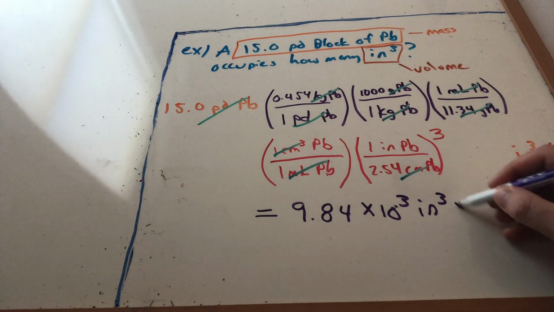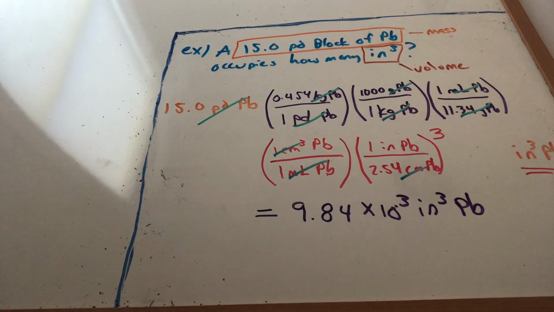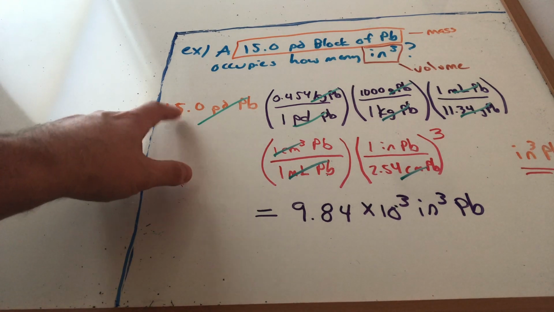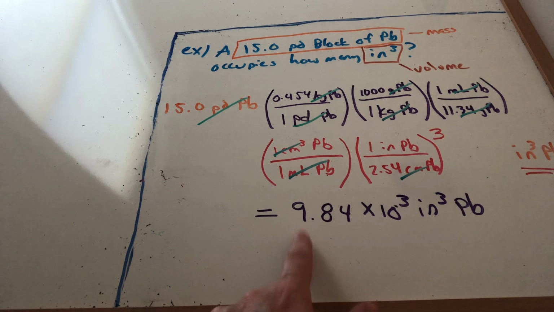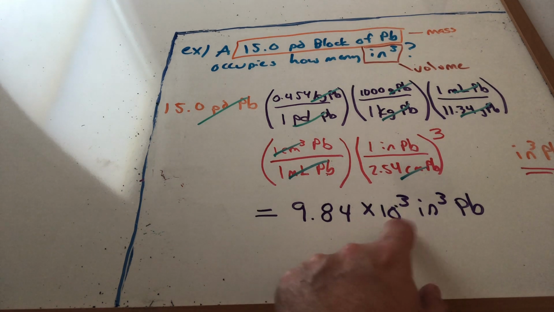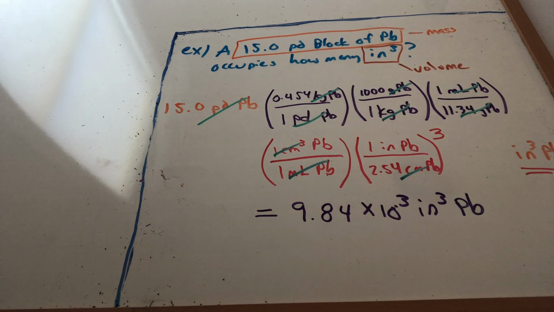But now what we've done with this conversion factor process is we've taken 15 pounds of lead, and it turns out that 15 pounds of lead is 9.84 times 10 to the third inches cubed of lead, right? So please take some time to rewatch this part, to take a step back, to understand the ideas, because once you have these ideas mastered, there's no conversion factor problem that could really throw at you that's more difficult.